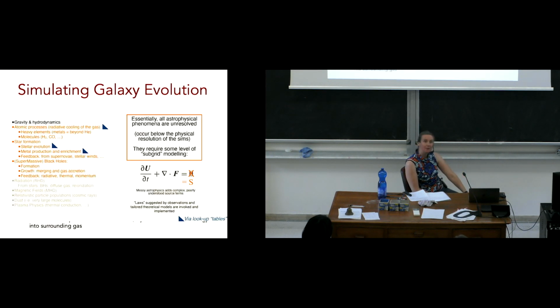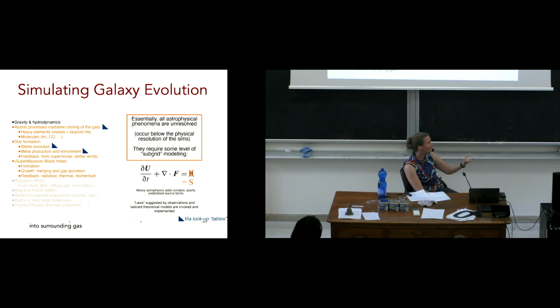If we put this into a hydro simulation, that basically means that now our Euler equations get a source term, which is typically rather poorly understood and also really unresolved at the scale of a typical simulation.